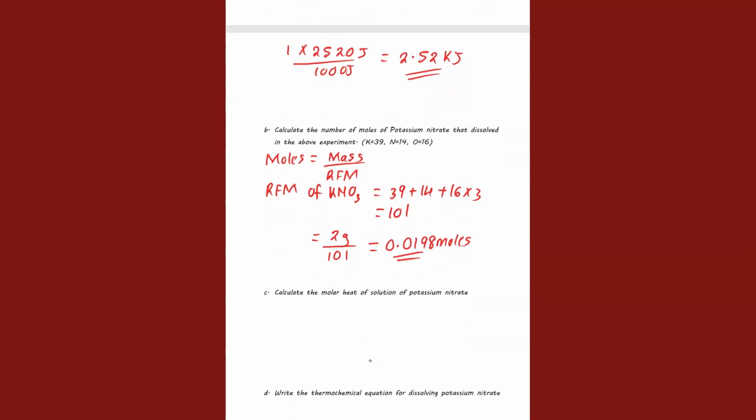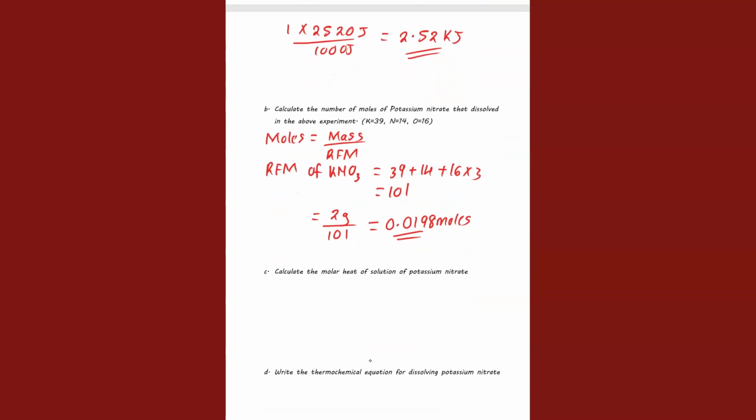Part C, you are told to calculate the molar heat of solution of potassium nitrate. Now, when you talk about molar heat of solution, this is the enthalpy change that occurs when 1 mole of a substance is dissolved. So here, when we dissolve 2 grams, which is the same as 0.0198 moles, these moles evolved 2.52 kilojoules of heat.